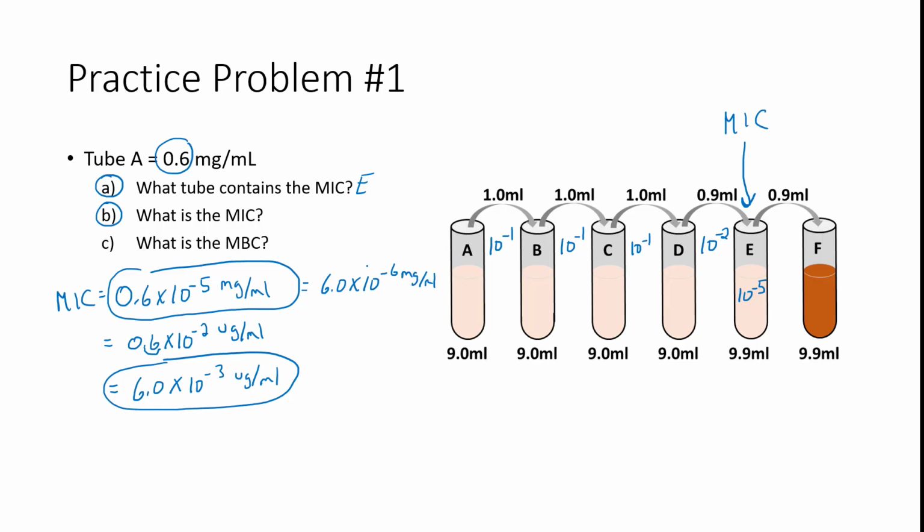So actually this is the answer in the correct scientific notation rather than 0.6. But all three of these are the same answer, just adjusted for proper scientific notation, and milligrams per mL versus micrograms per mL.